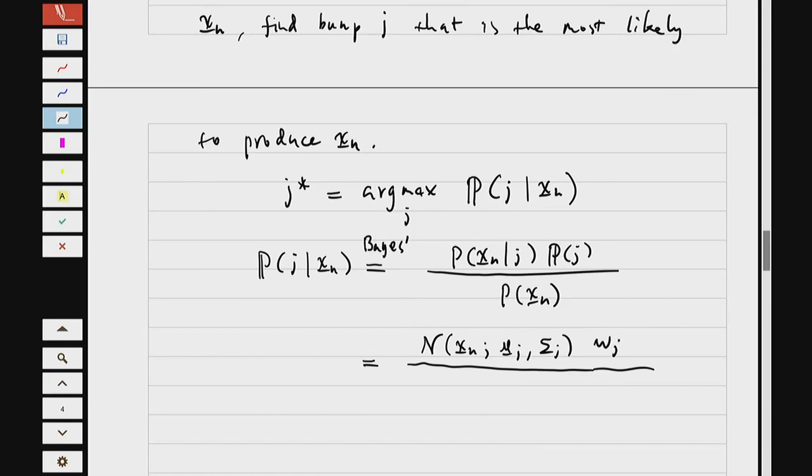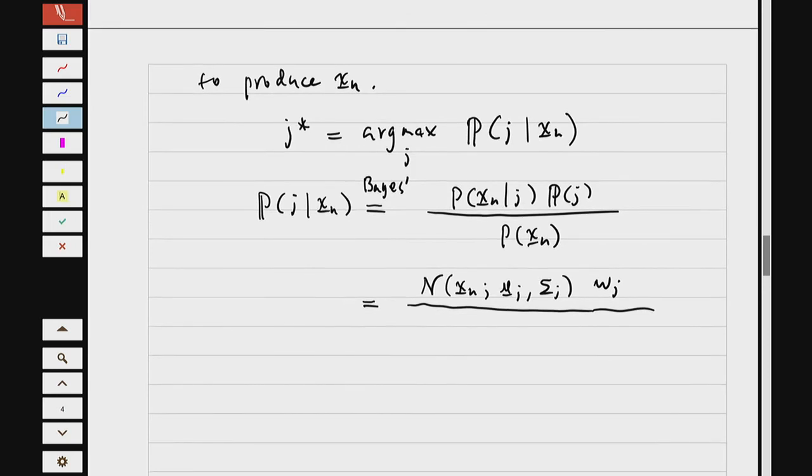And at the bottom, the P of xn, we can use the total probability theorem: summing over all possible bumps i from 1 to k, P of xn given i times the probability of i, which is just wi anyways.